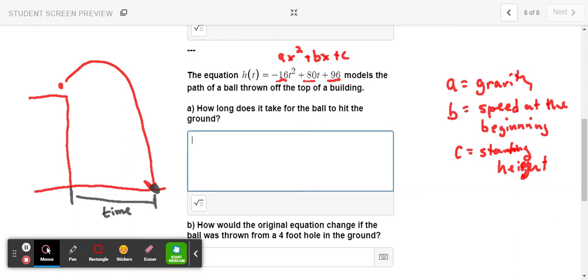It takes 6 seconds. And again, if the ground is the x-axis, then you're looking for the x-intercept. And how do we find x-intercepts? We could do it by factoring, which is what we did on the previous practice set from earlier in this video, or you could do it by graphing and looking for the x-intercepts, which is what I would have done in this problem.